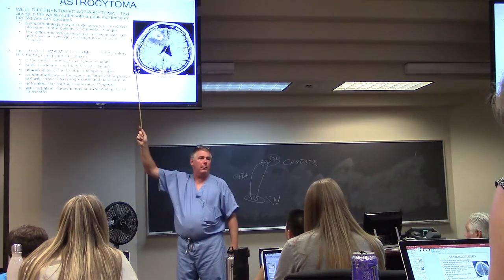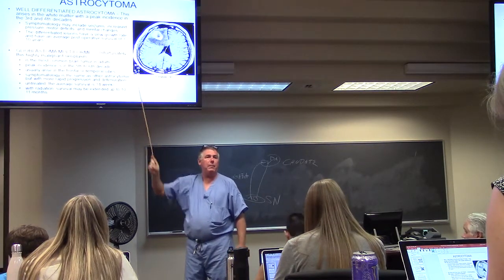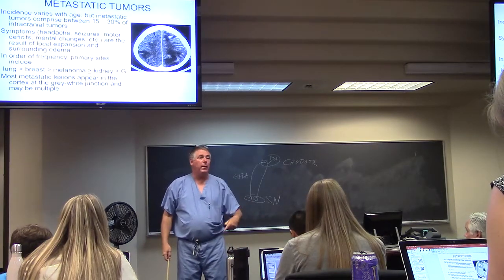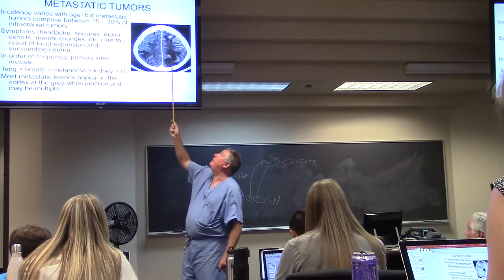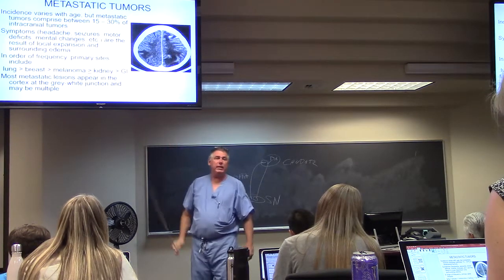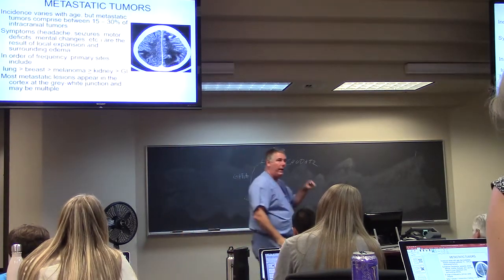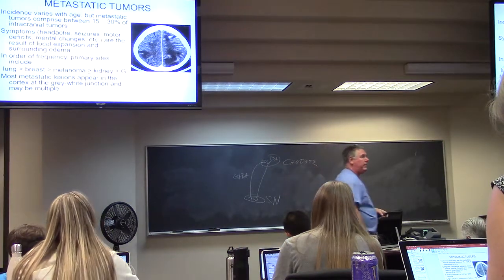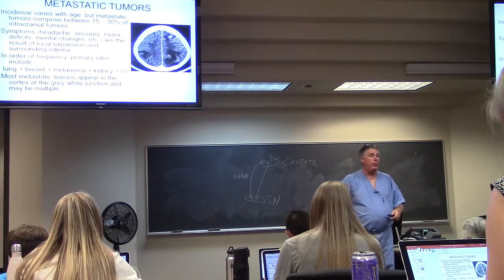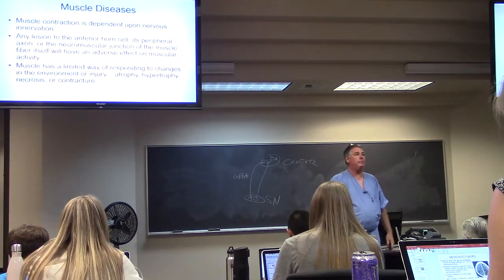Okay, it can be gray matter, a lot of times white matter. Metastatic disease, like lung cancer going to the brain, usually shows up at the white-gray matter junction. So if you see a mass at the white-gray matter junction, you need to be thinking, oh, that may be metastasis from somewhere else, not a primary tumor of the CNS.